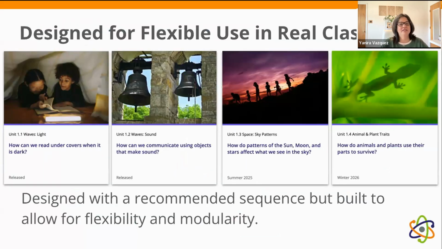Our units are designed to be flexible and to really be used in real classrooms. As you can see, we have 4 units per grade level. And while our units are designed with a recommended sequence, they are built for flexibility and to be modular so they can fit best into your school context.